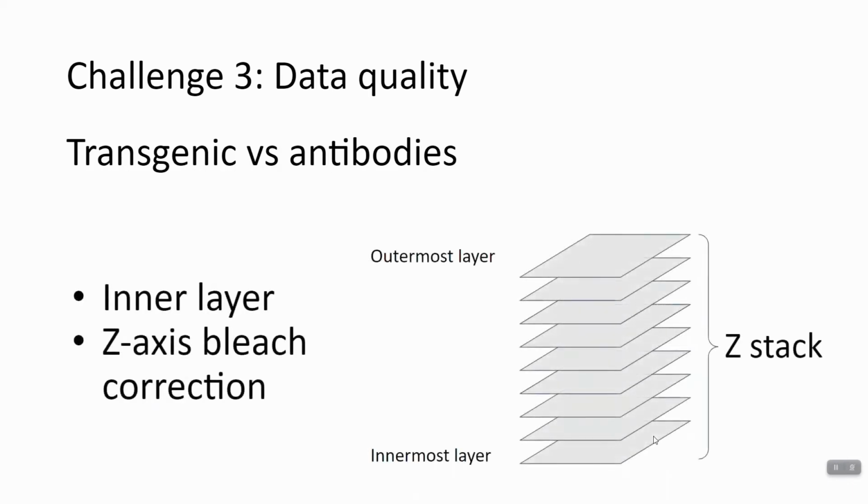Our final major challenge was the reducing data quality of layers within the tissue itself. Due to decreased penetrance of the laser to the inner layers of tissue, these layers often have poorer data quality. One of the ways in which we try to tackle this issue was by using Z-axis bleach correction, a tool that restores the data quality to these inner layers.